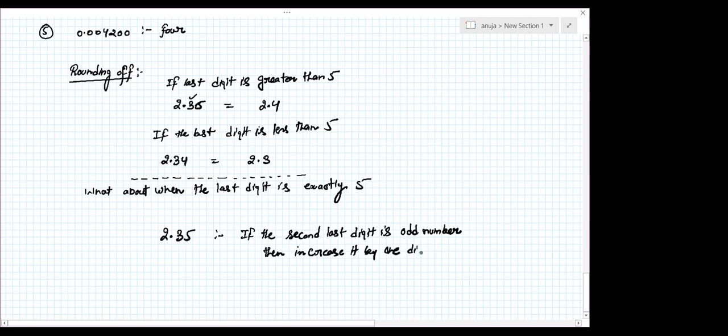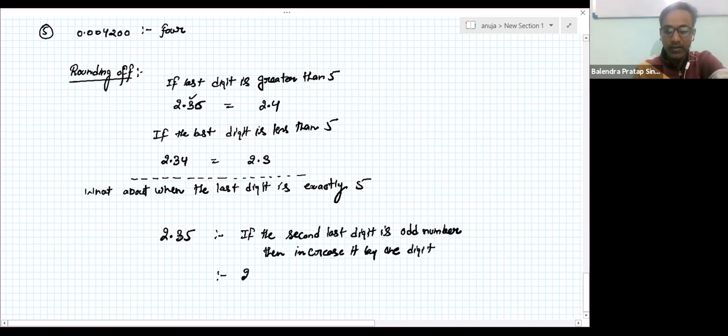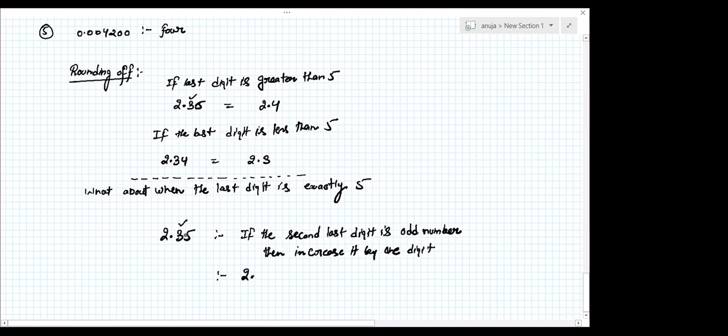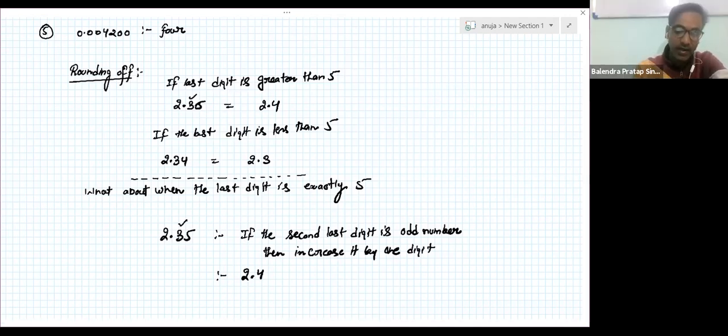So the answer is 2.4. The second last digit is an odd number, so the answer is 2.4. Why? Because the second last digit is an odd number.